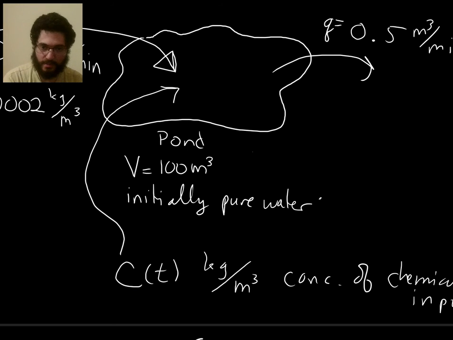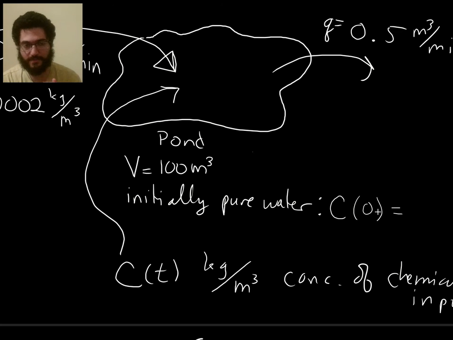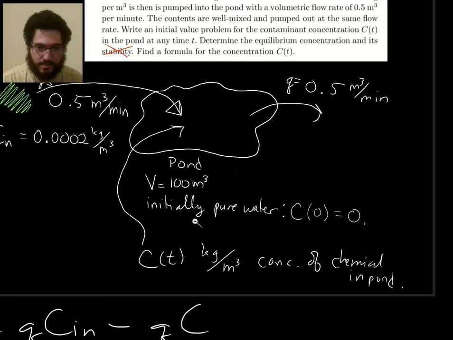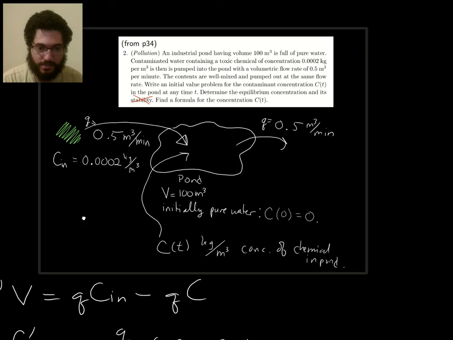Initially pure water is just another way of saying that C at time 0, where time is measured in minutes elapsed since the water was pure, is 0. Pure water means the concentration of chemical in it is 0. Okay, so that's our initial condition. C of 0 is 0.